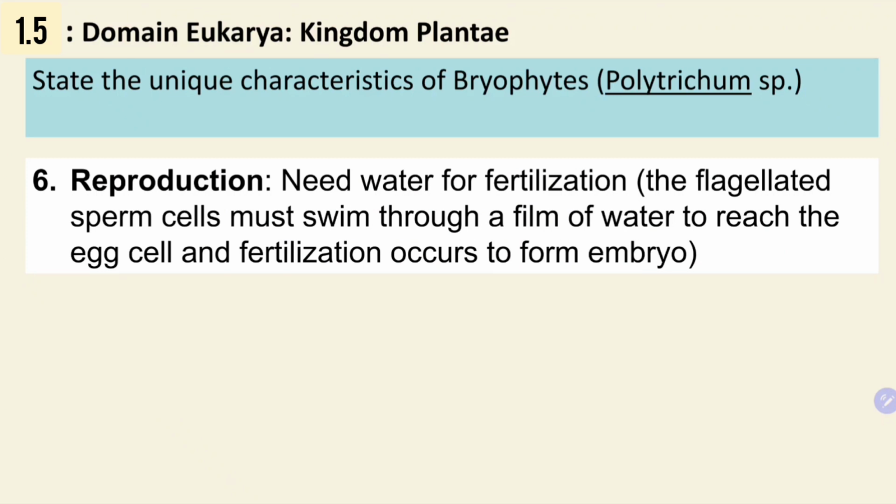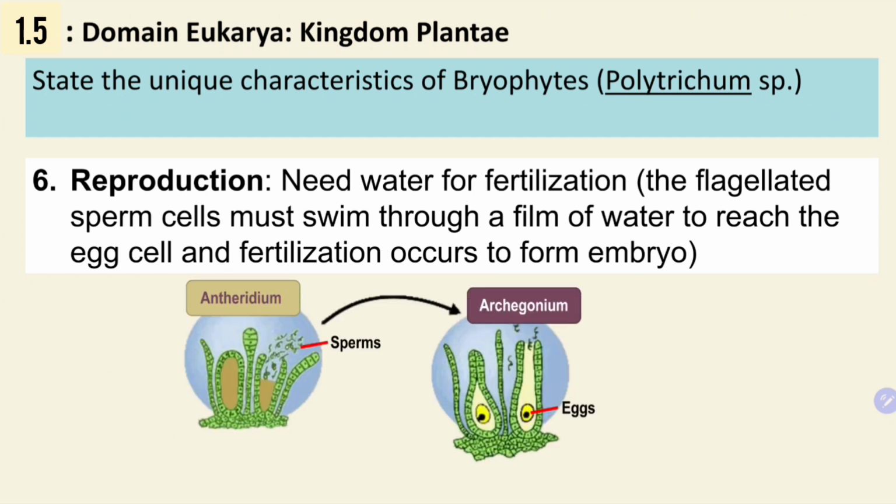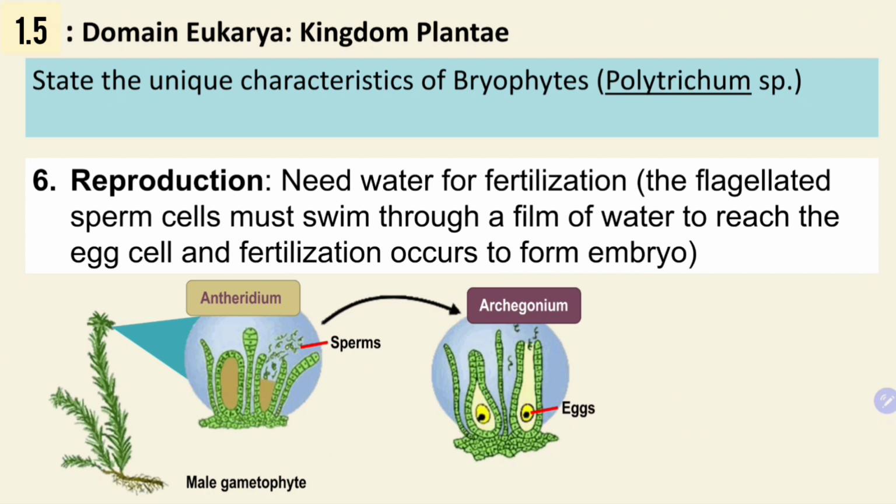So all organisms in bryophytes need water for fertilization. Why? The reason for that is the flagellated sperm cell must swim through a film of water to reach the egg cell and undergo fertilization to form embryo. So the gametophyte of polytrichum, ada male gametophyte, ada female gametophyte.